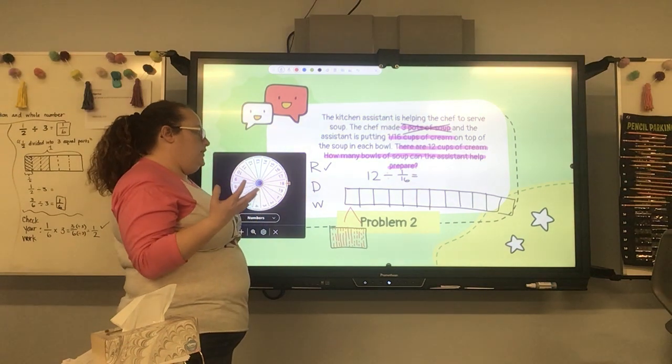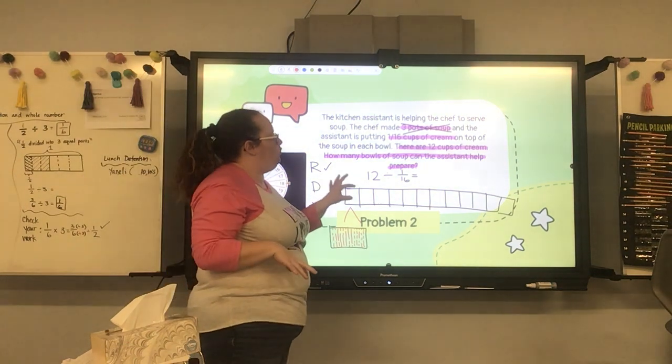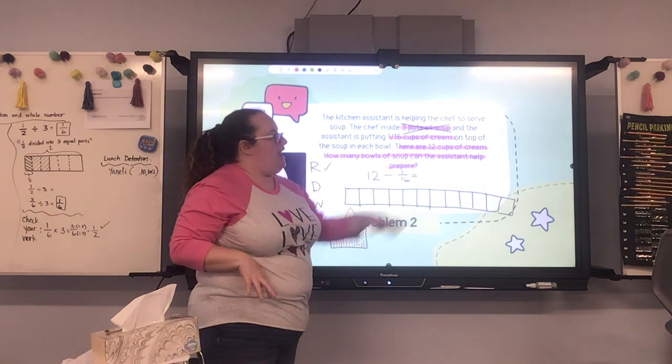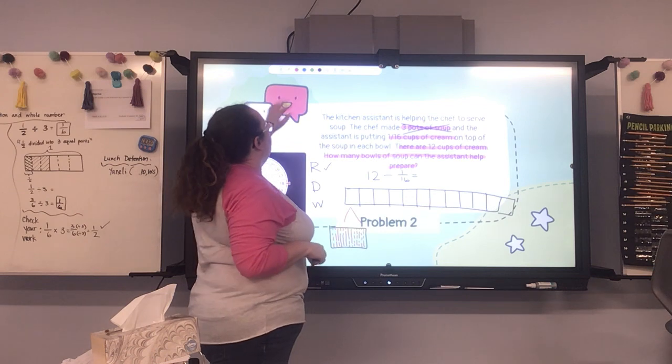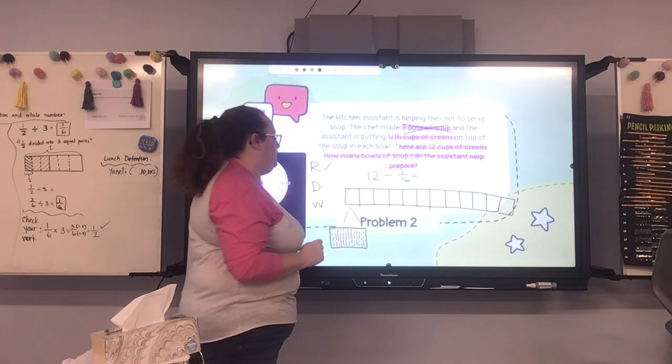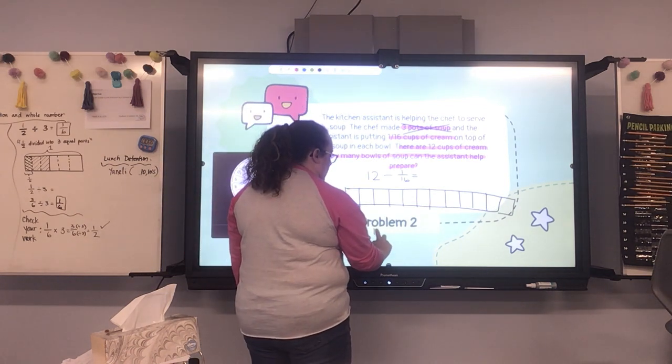That means that each of these 1 cups of cream now has 16 little parts to it. So to figure out my answer, what I really can do is 12 times 16.